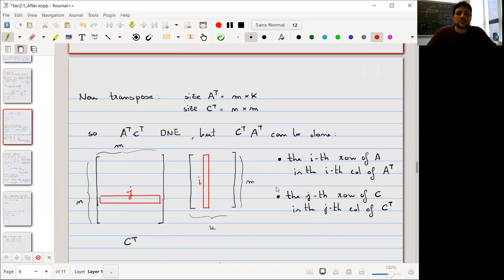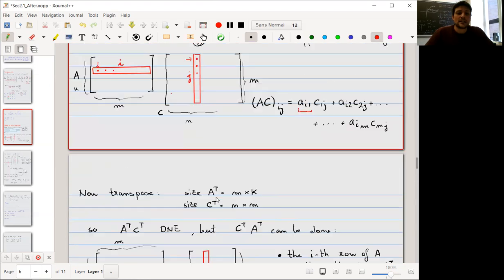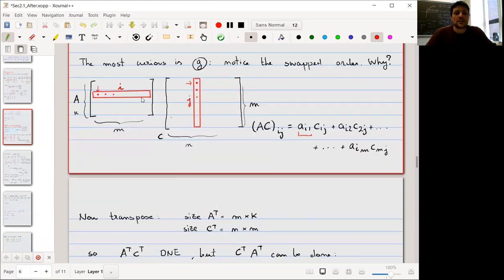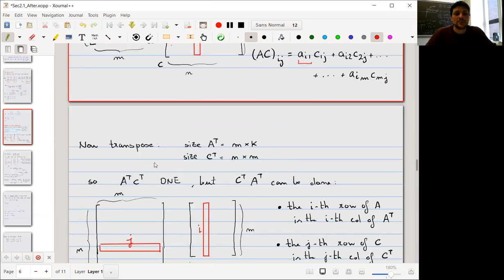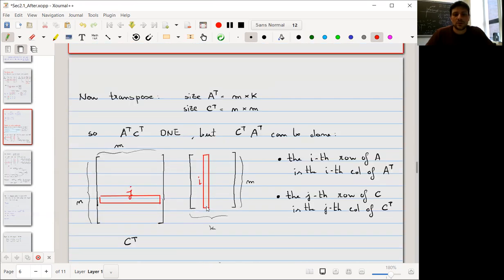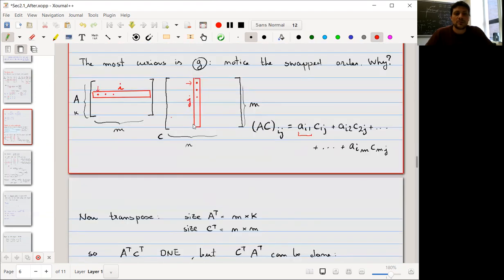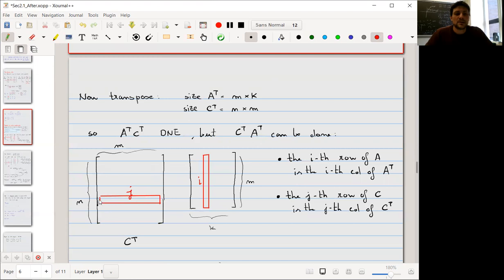Now let's look at the transpose. I sketched the transpose matrices here. So C transpose will have n rows and m columns. A transpose will have m rows and k columns. So now let's track what happens to the ith row of A. It has become the ith column of A transpose. Similarly, the jth column of C has become the jth row of C transpose.